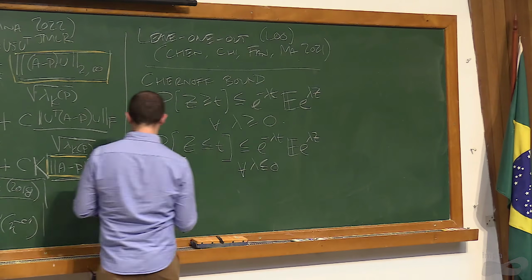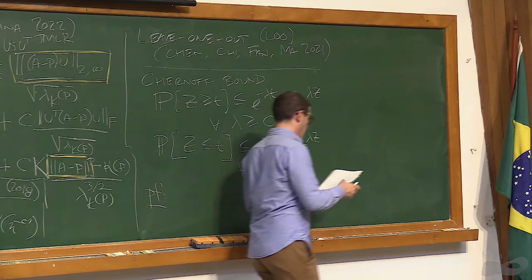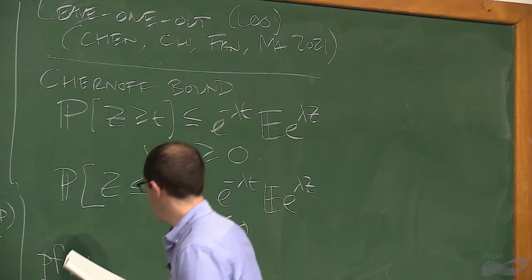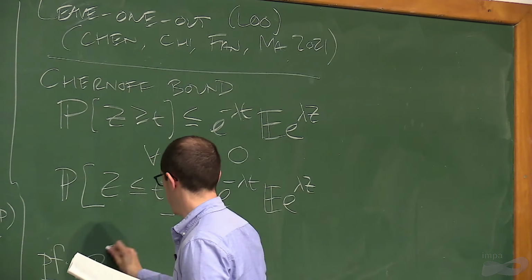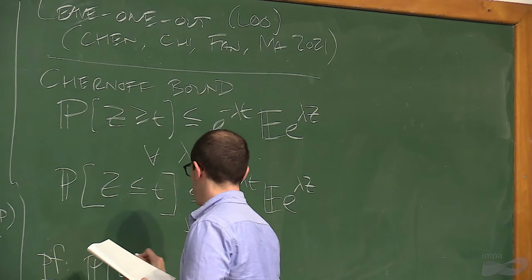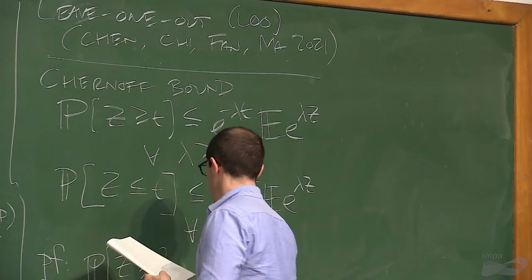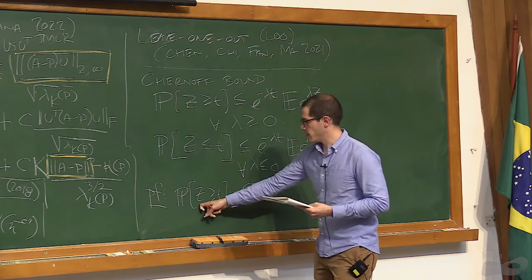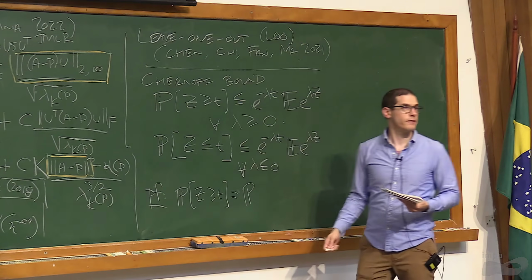Okay, a one-line proof of this fact. I'm just going to do this one; the other direction is straightforward. The probability that z is greater than or equal to t is exactly equal to the probability that a monotone function of z is greater than or equal to the monotone function of t.